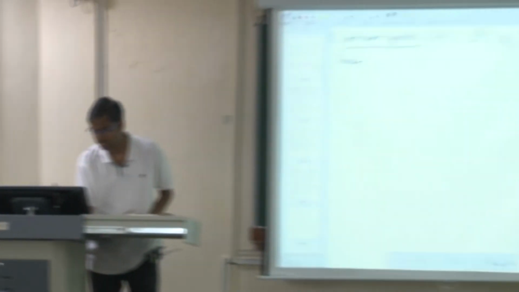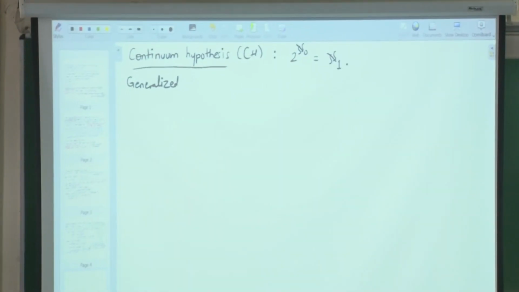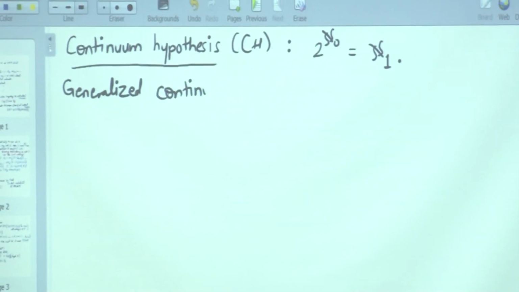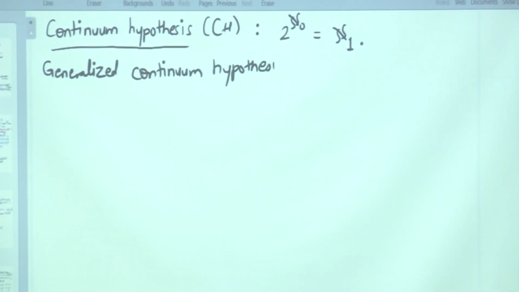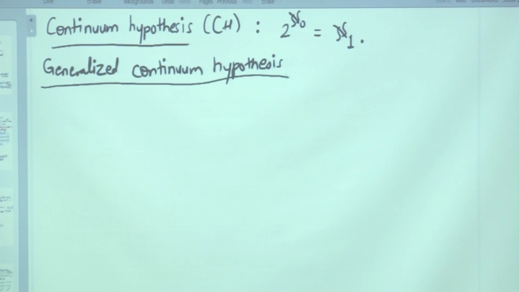And more generally, the generalized continuum hypothesis, called GCH, is actually a much stronger statement than the continuum hypothesis.